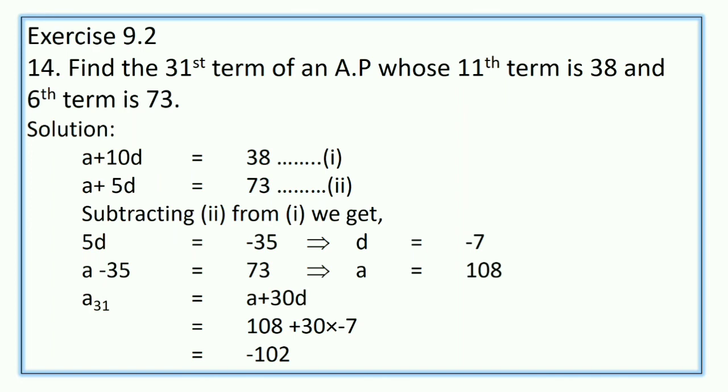These two form simultaneous linear equations in the variables a and d. By solving them, we get the value of a as 108 and the value of d as minus 7. Now, by applying the formula an is equal to a plus (n minus 1) into d, we get a31 is equal to a plus 30d, and that is equal to minus 102.